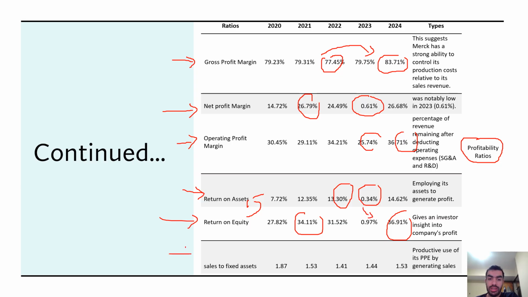The last one is sales to fixed assets. It's a stable range between 1.41 and 1.87, indicating consistent efficiency in utilizing fixed assets to generate sales. This was all about the financial analysis of Merck Corporation.